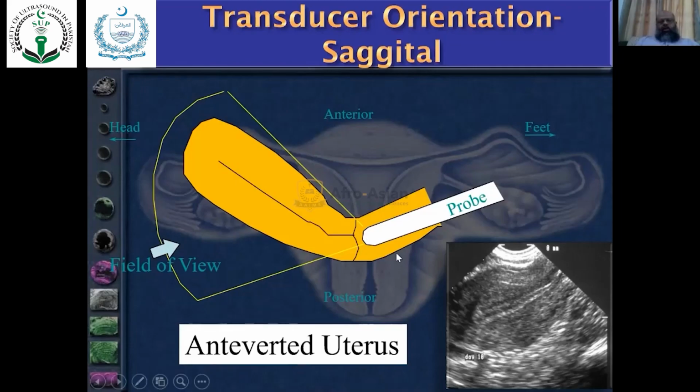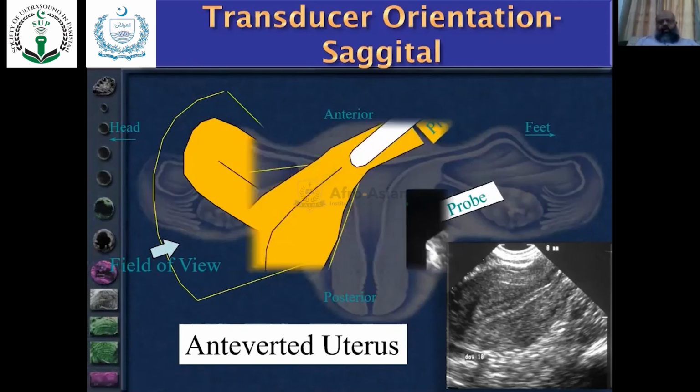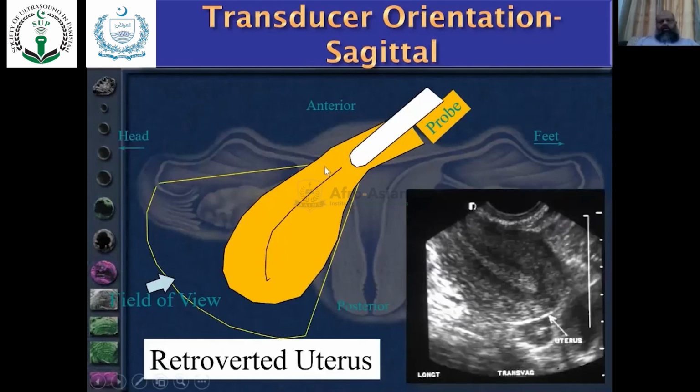So this is anteverted, anteflexed. Version is here, flexion is here. Here we have retroverted, retroflexed uterus.